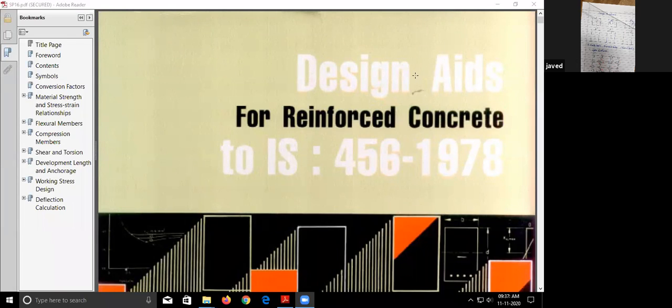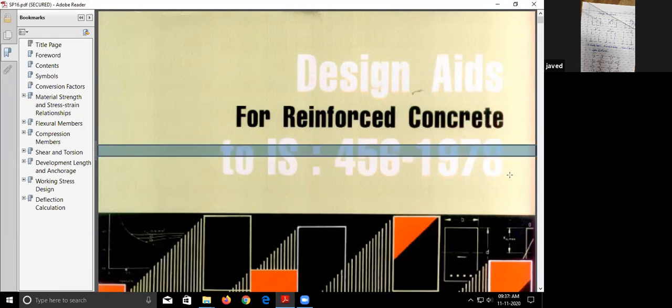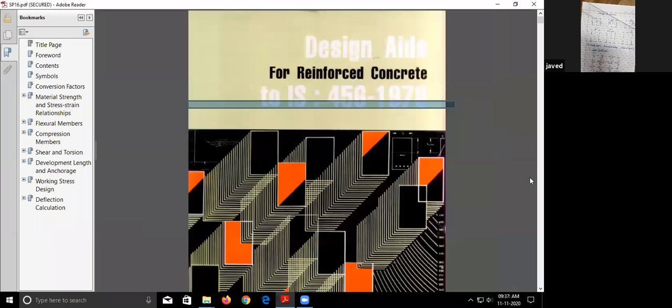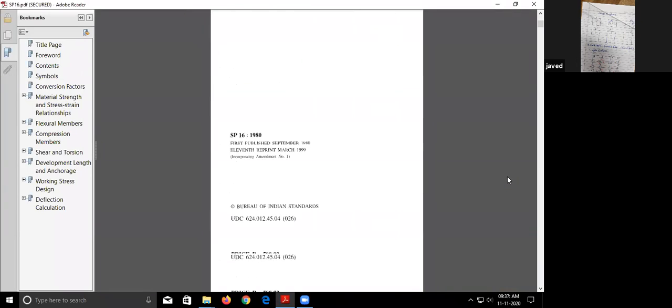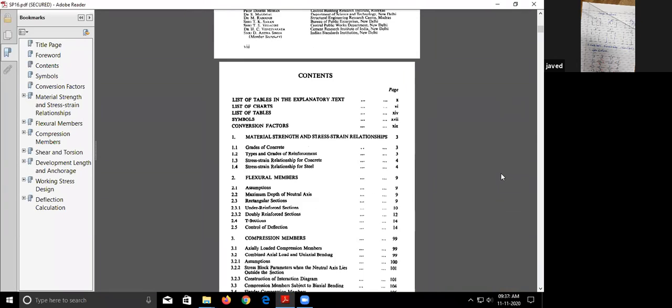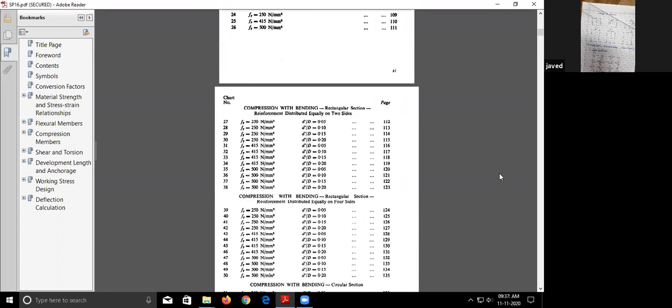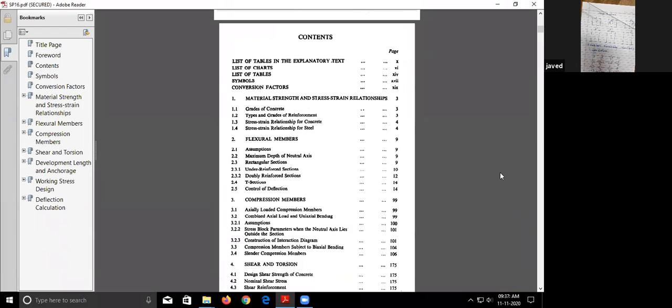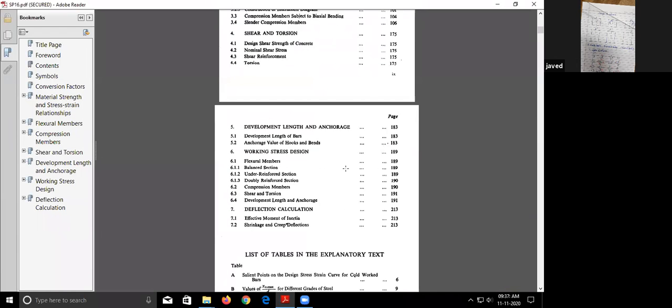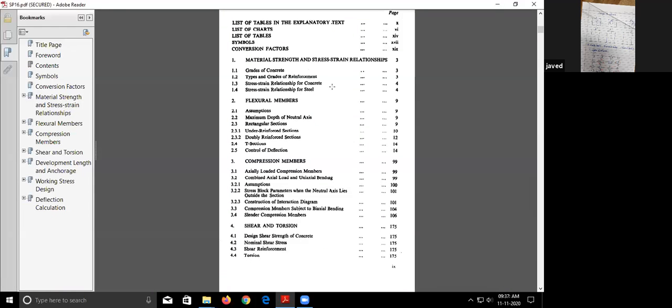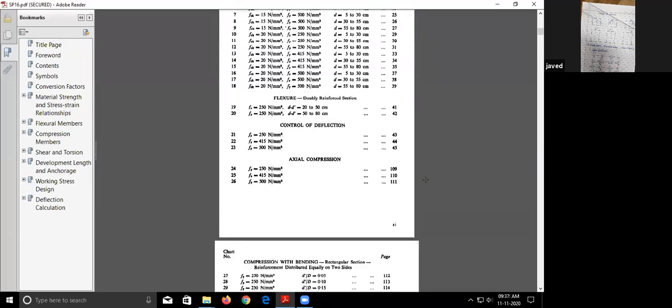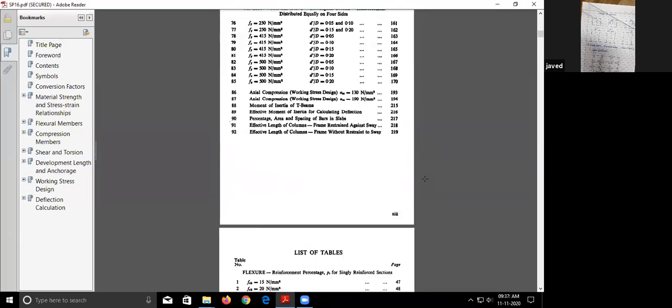ठीक है, so here you can see, so let us see in the contents. Okay, so even in this all the details have been given. Okay, compression members, assumptions, flexural members, so you can go through this now.